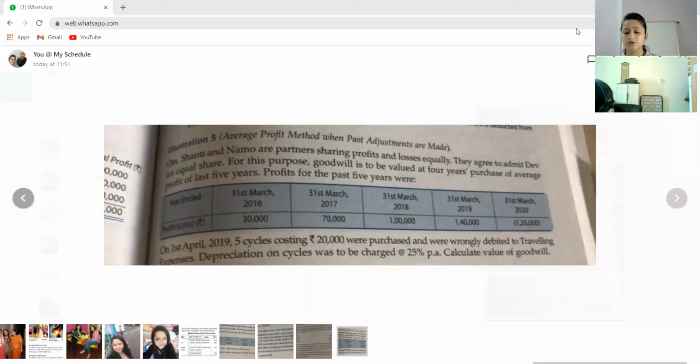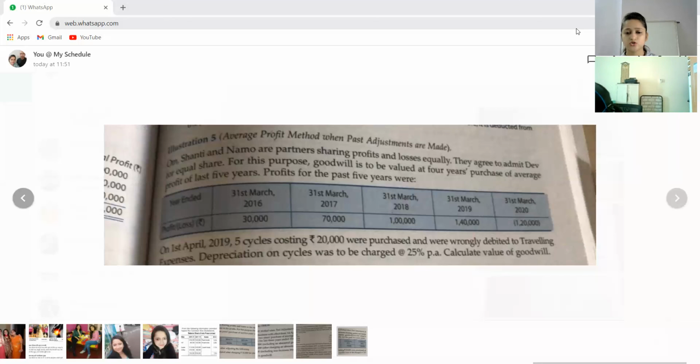So average profit is equal to 2,35,000 divided by 5. So how much will we get? 47,000.